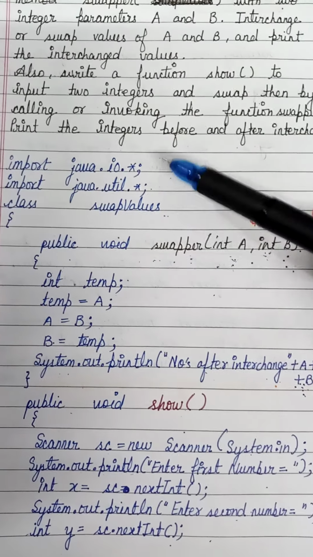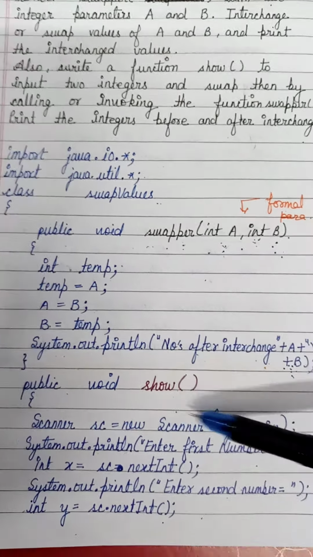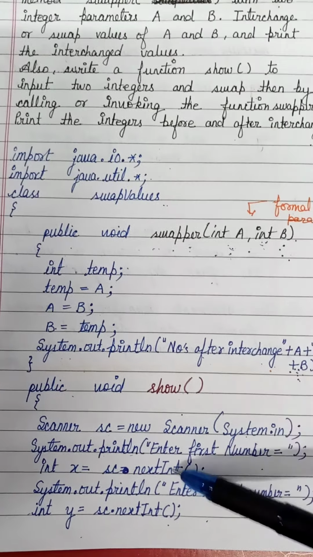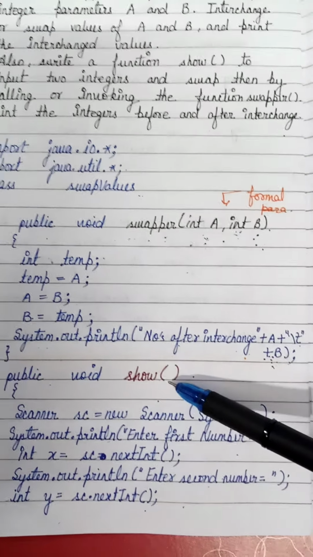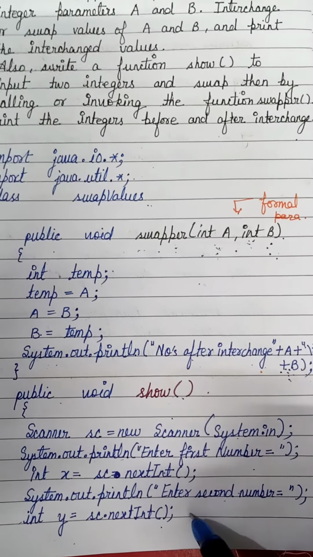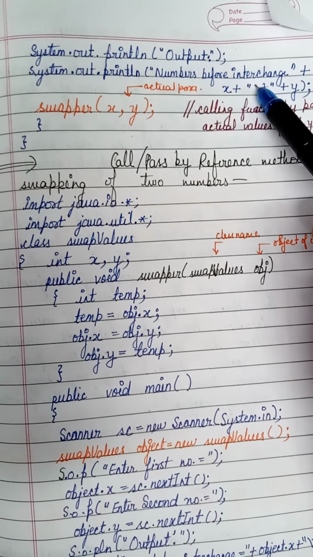Class, packages, class, then two functions we need to write, swapper and show. We will run this function first as we have to take input first. Whenever we run this function, it will ask for two values. Those values will be stored in x and y. Then the numbers before interchange will be printed.